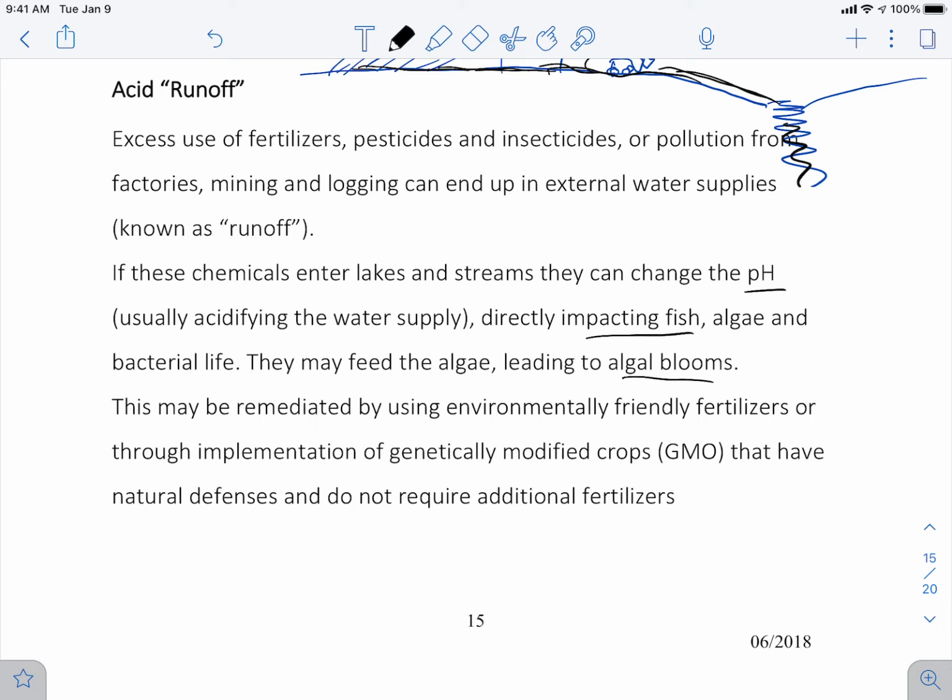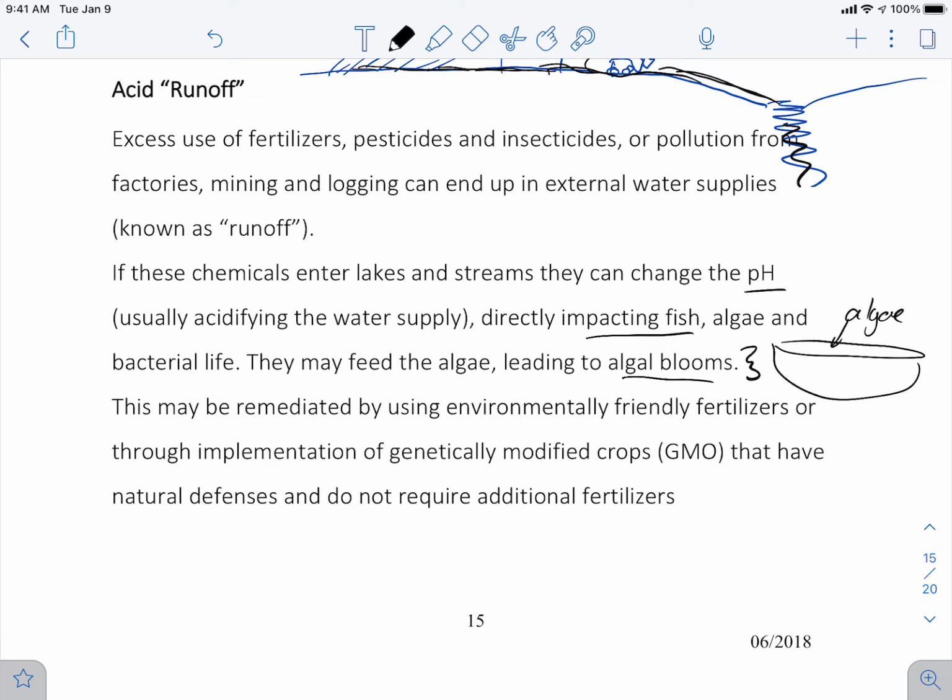And an algal bloom is really quite dangerous because those algae are going to use up some of the nutrients in the water and steal those nutrients away from the other organisms, or they can even end up stopping sunlight. They can form sort of an algae crust on the top of the water. So this ends up being algae.